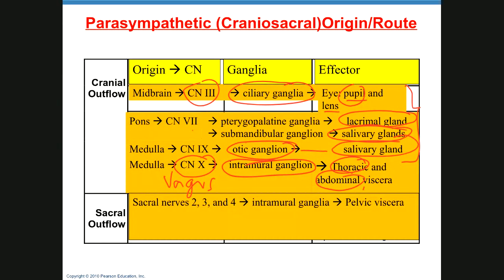Sacral nerves 2, 3, and 4 are parasympathetic. These are not cranial nerves, sorry, sacral nerves. And the ganglia is again called intramural ganglia. So intramural ganglia is just a generic name for all of the ganglia that are close to organs. In this case, the sacral nerves are going to serve organs in the pelvic viscera. That would be the urinary bladder, reproductive organs.